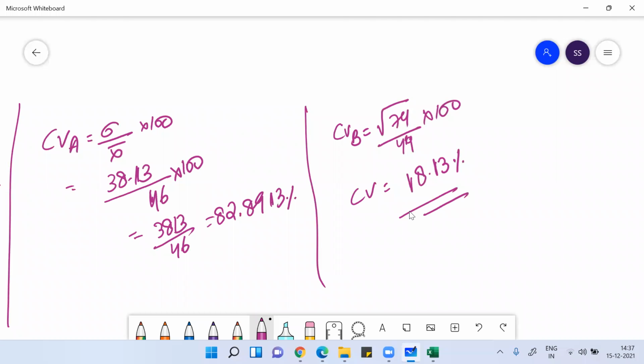See the difference here. Clear, everyone? Any doubt? Whichever has the lesser coefficient of variation, that would be more consistent in nature.